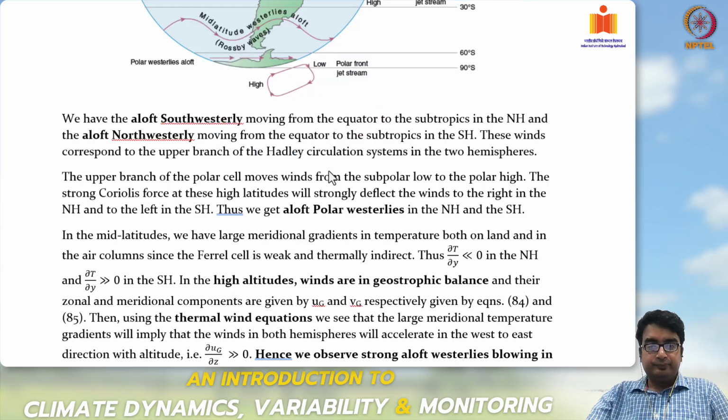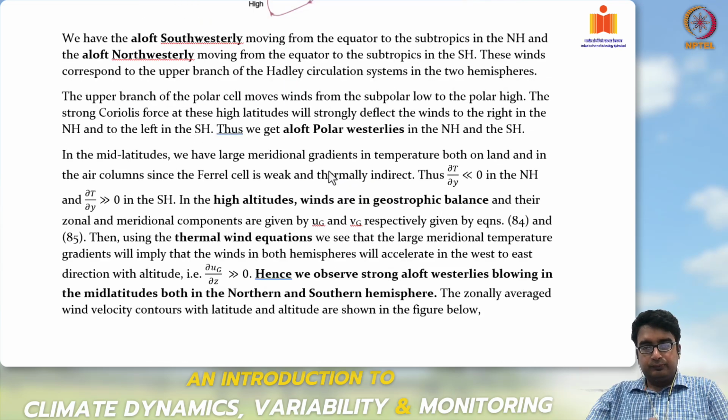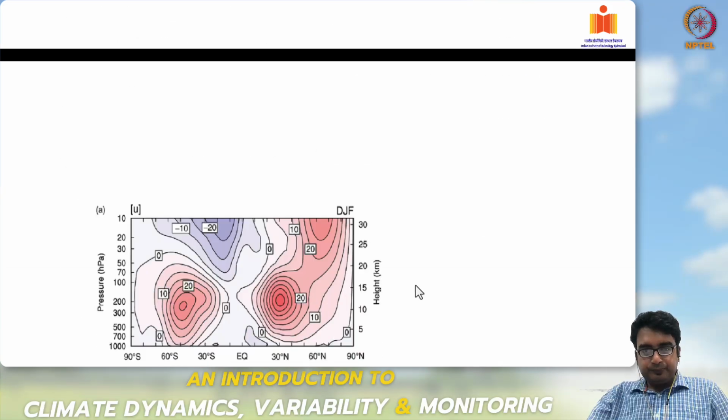Okay. So, we observe strong aloft westerlies blowing in the mid latitudes both in the northern and southern hemisphere.